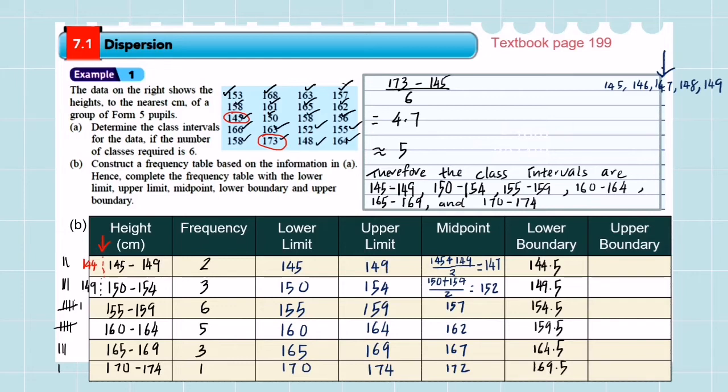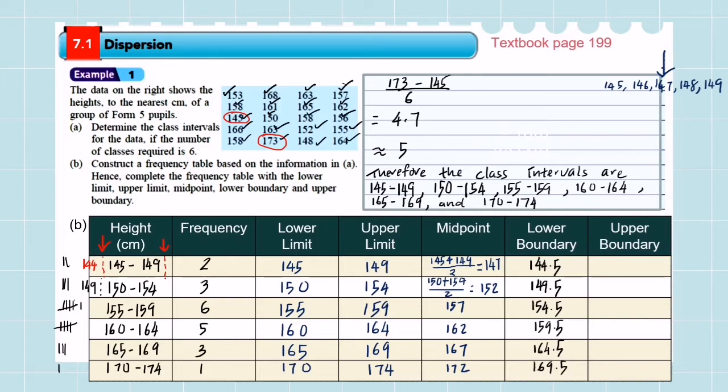Okay, and upper boundary is the boundary after the upper limit. So after 149, the number is 150, right? So in between here, this one we call upper boundary.